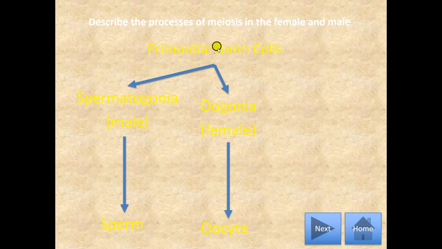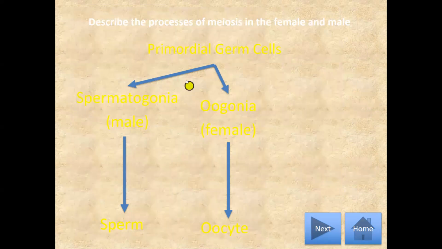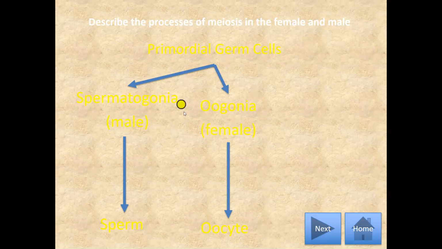So in the female and the male, this process is different. That's because in the male, we're making sperm, and sperm is made throughout a male's life from puberty to death. For a female, the oogonia, that is actually, a female is born with all of her ova.